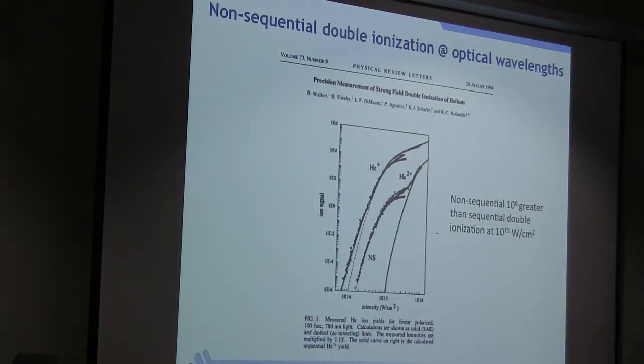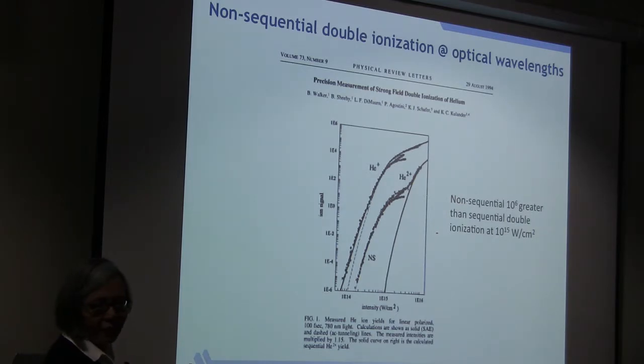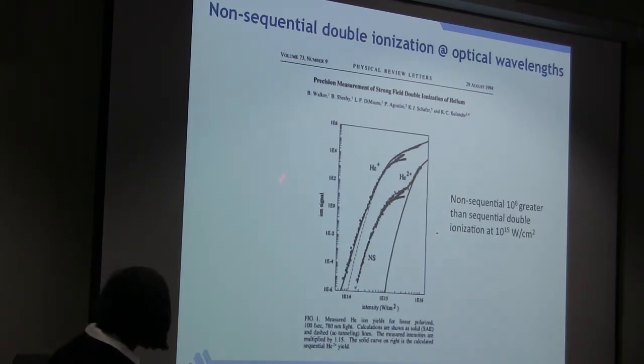Okay, so now let's look at a few of these other weirdo things that AMO folks love from optical vision. So what's going on with this non-sequential double ionization? In optical wavelengths, there's this very famous paper which shows precision measurement of strong field double ionization of helium.